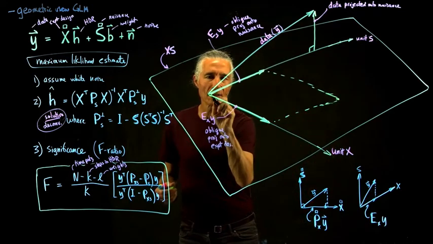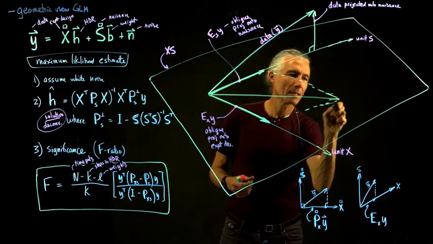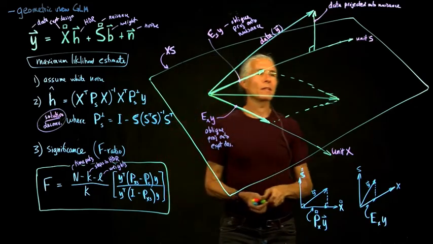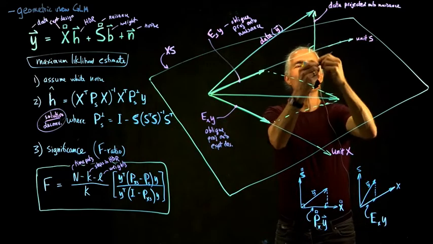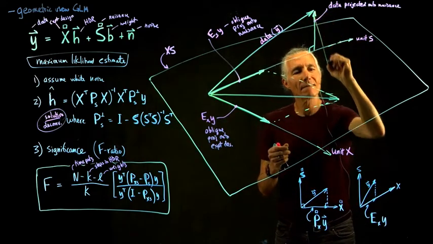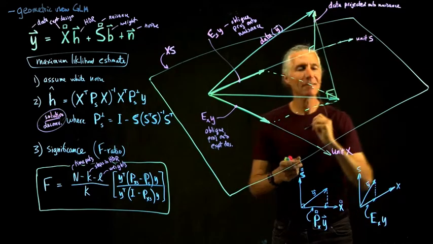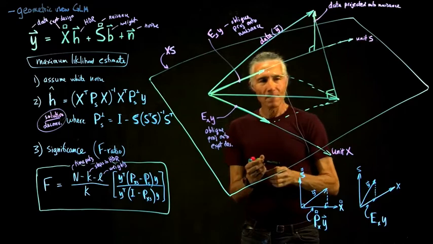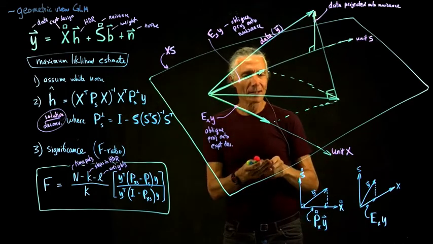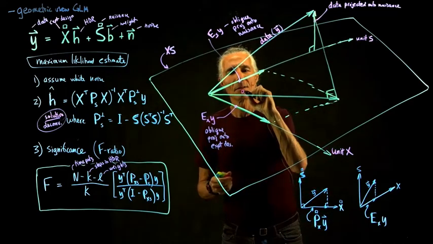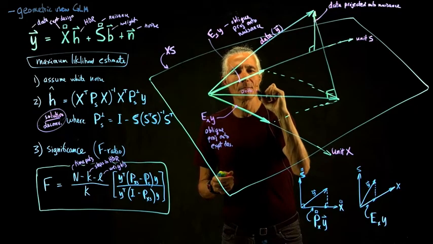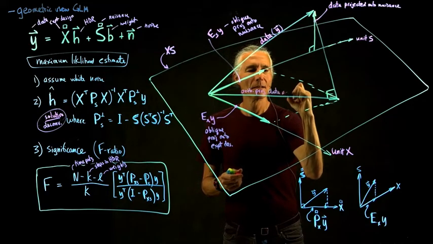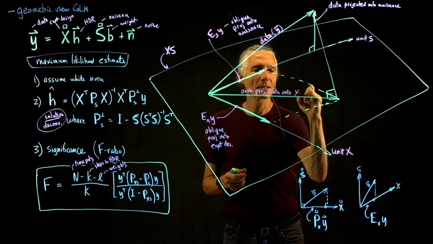And so that vector is basically the orthogonal projection of this guy. This is supposed to be a right angle there. So that vector is the orthogonal, right angle projection of the data onto XS.